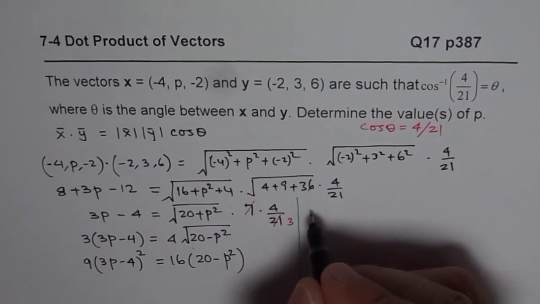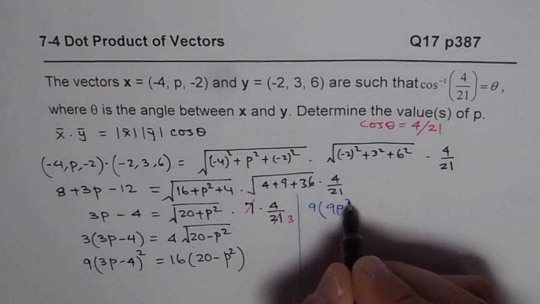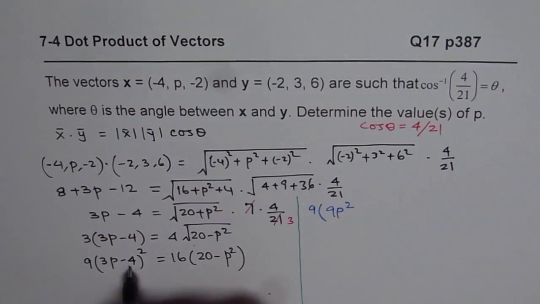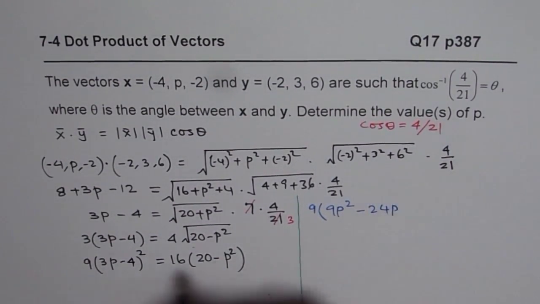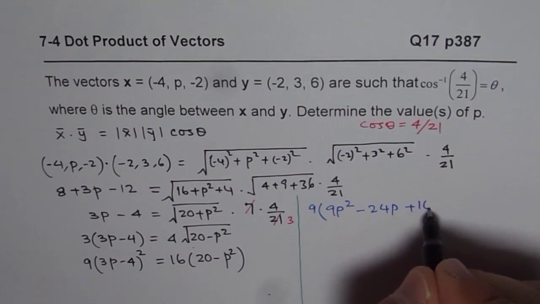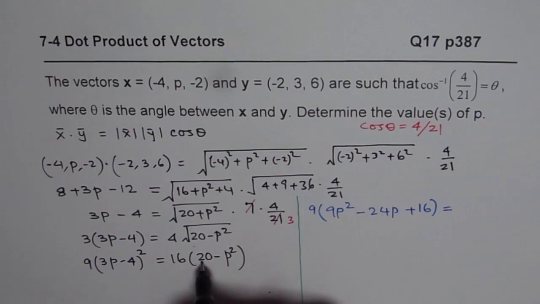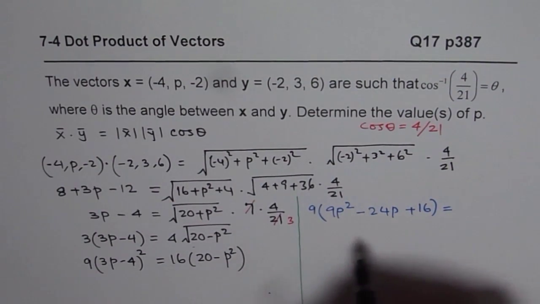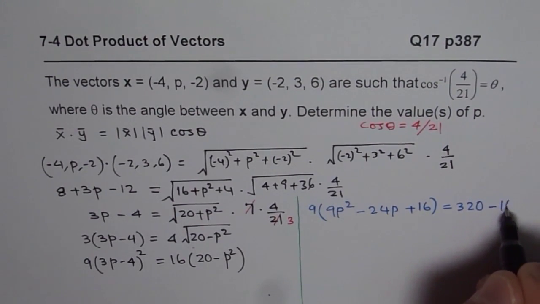So it becomes 9 times 3p square, which is 9p square, minus 2ab. So 6 times 2 is 24, 24p plus 16 is equal to 16 times 20, which is 320, minus 16p square.